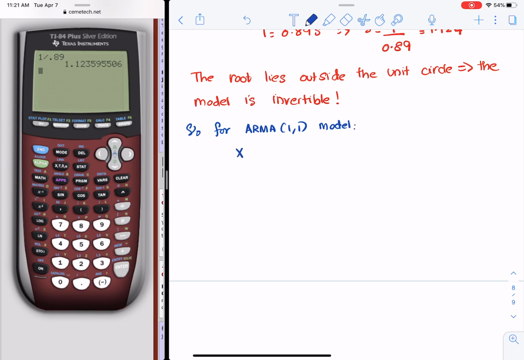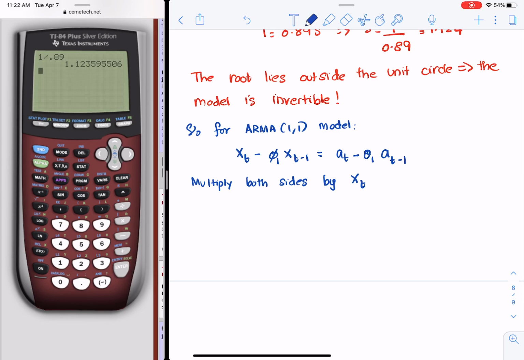So we know that an ARMA(1,1) model is x sub t minus phi 1 x sub t minus 1 equal to a sub t minus theta 1 a sub t minus 1. So let's multiply by x sub t.